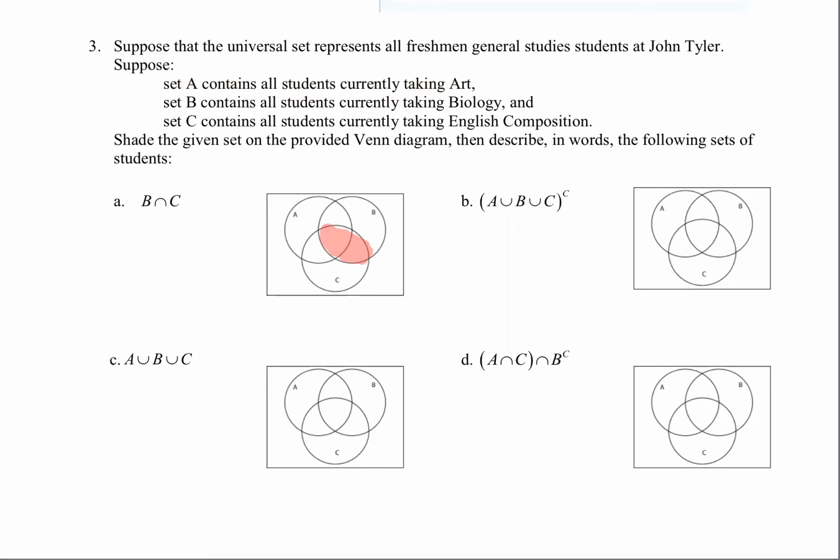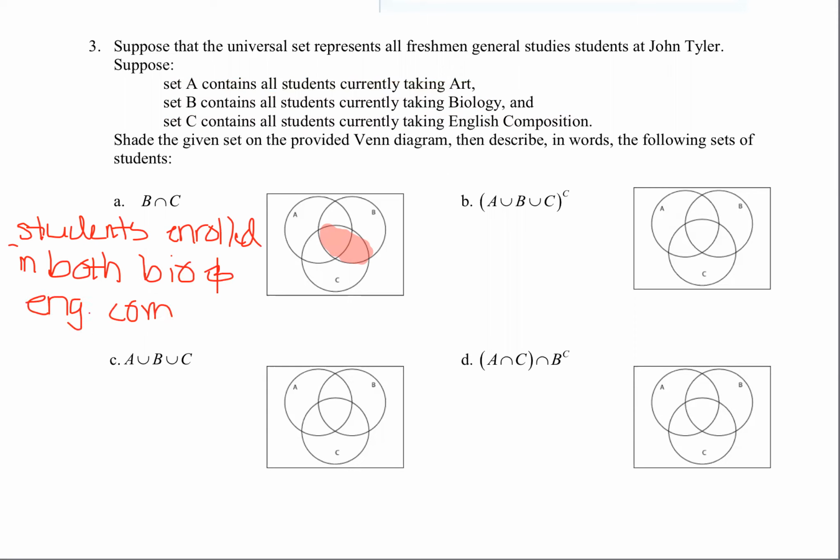That's going to represent students enrolled, oops, sorry, this is a little messy, in both bio and English comp. Okay, so if you're in this section, your schedule has English comp and biology in it. It might have art, it might not.